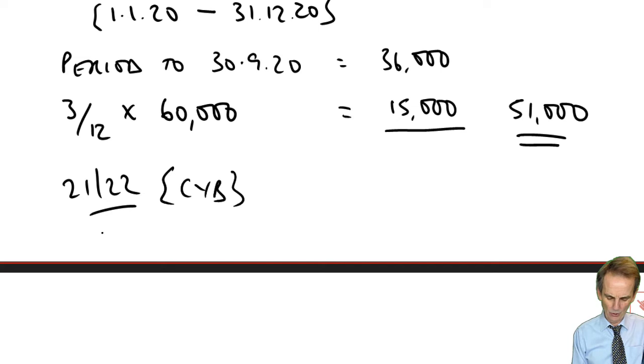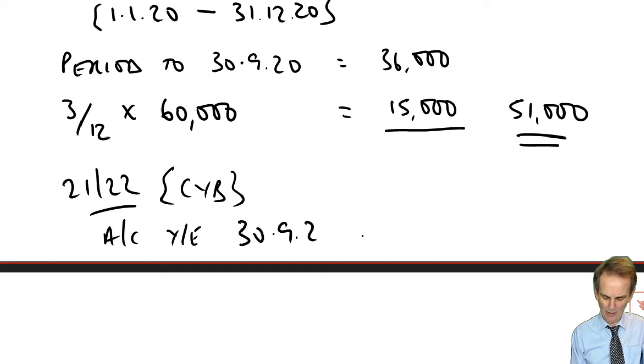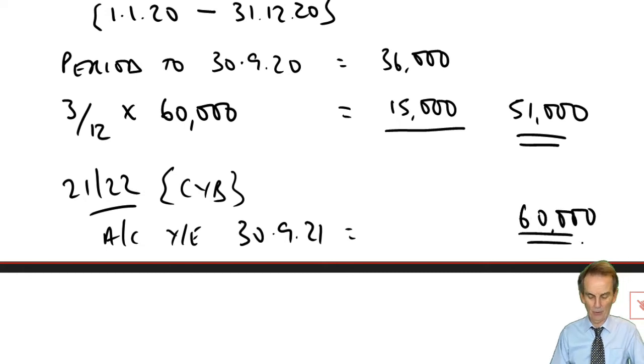Yes, we will use CYB, and that will be the accounting year ended 30th of September 21, in which we made a £60,000 profit. You now have your assessment for 21-22, you're using CYB, you will then continue with your CYB assessments from there onwards until such time as the business ceases to trade.